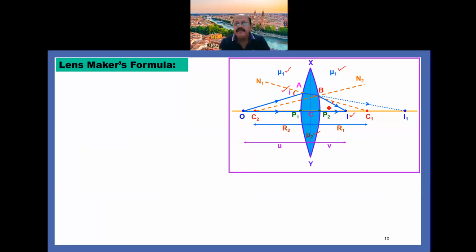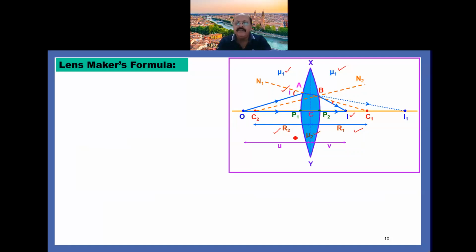So that's why CC1 is equal to R1 and CC2 is equal to R2. And this CC1 is approximately equal to P1C1 which is equal to R1. Similarly, P2C2 is approximately equal to CC2 which is equal to R2.